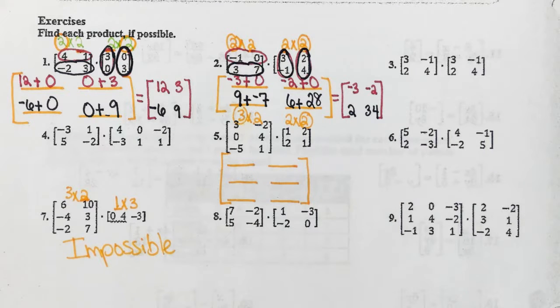Try number 3 on your own, okay? Or independent. Can I go to number 4 for independent? Yes. You try number 3.